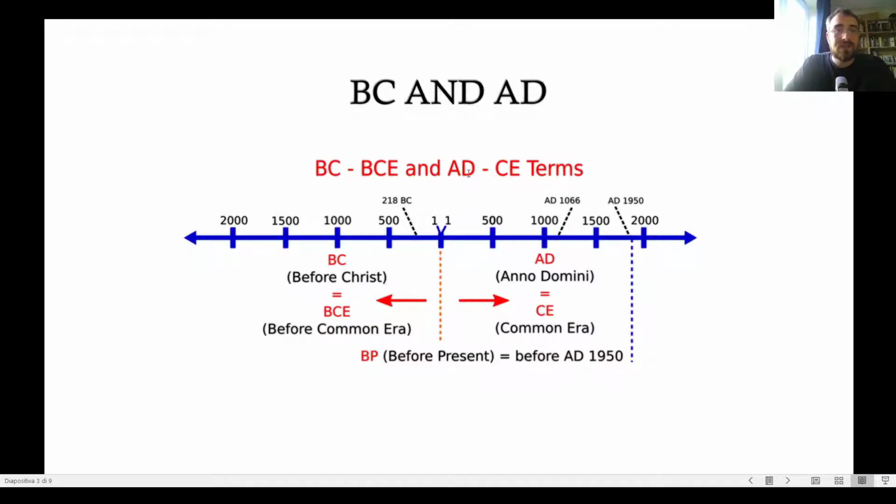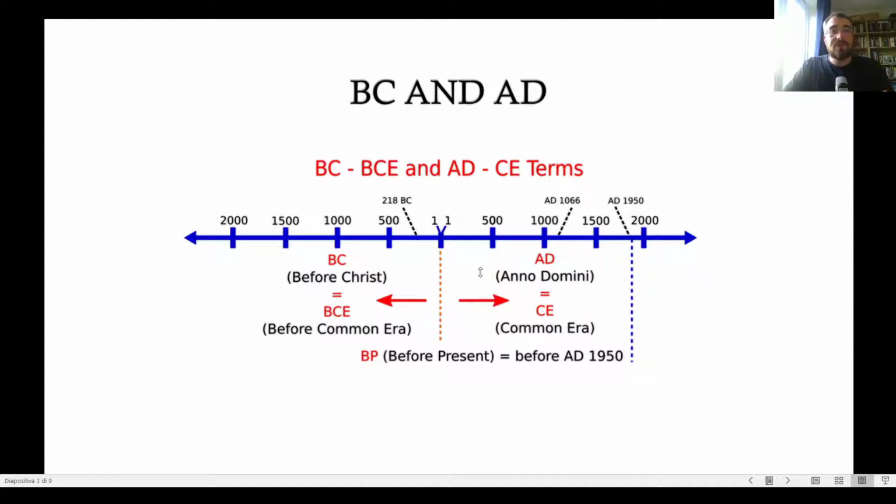So, let's start with BC and AD. In the first part of this unit, which will cover antiquity, we will be using a lot of BC dates. What does BC mean? Now, as you know, we normally count the years progressively, from smaller to larger. However, we do not count them from the beginning of human history, which is much, much older than 2,000 years.